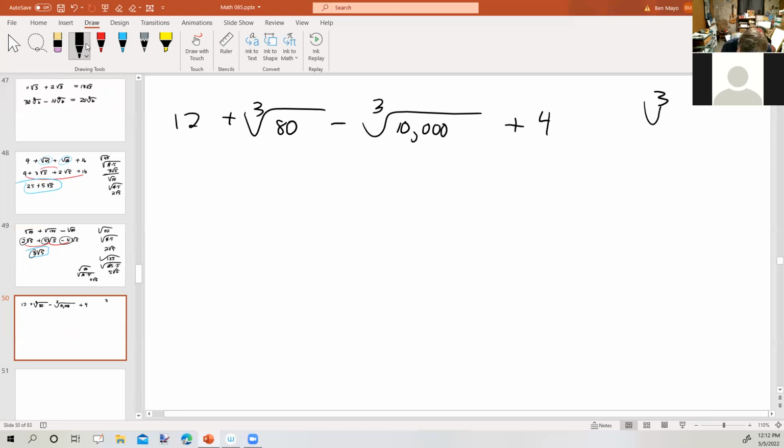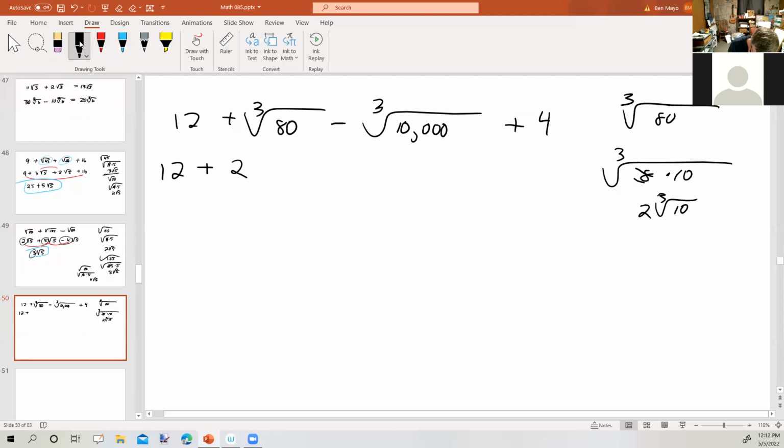The cube root of 80 would be the cube root of 8 times 10. The cube root of 8 is 2. So this is going to be 2 cube roots of 10. So the cube root of 80 is 2 cube roots of 10.